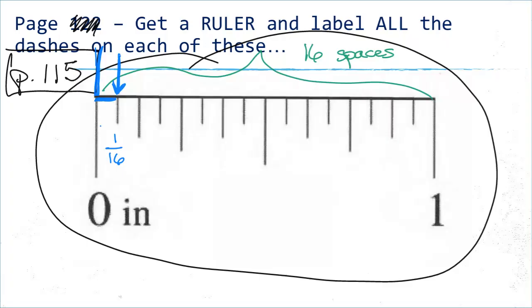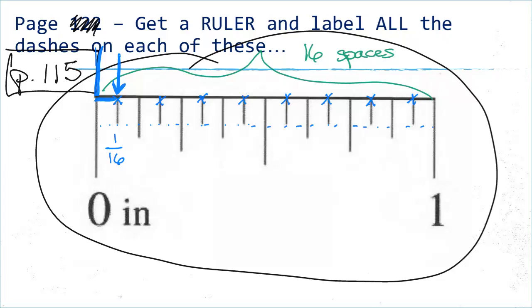Now I also want you to notice that every other mark has that same length. Okay? So this one has that length. This one has that same length down. This one has that same length. So I want you to mark all of those as so many 16ths.